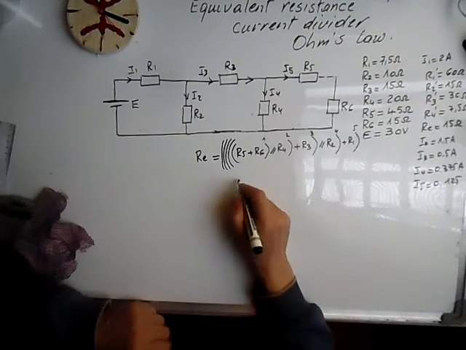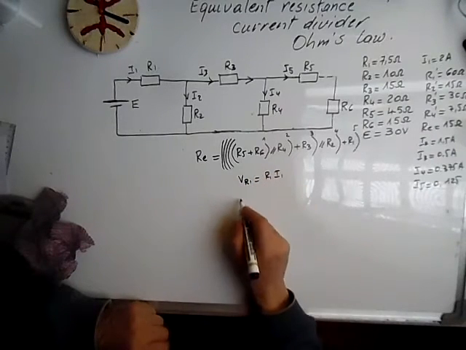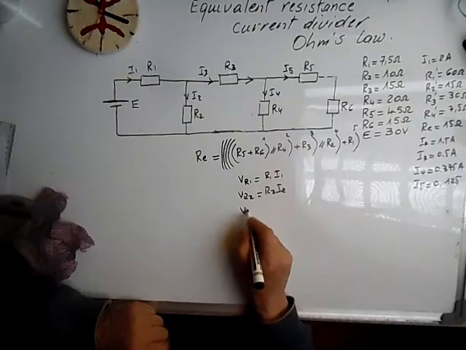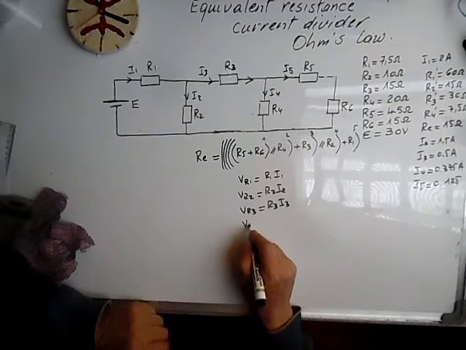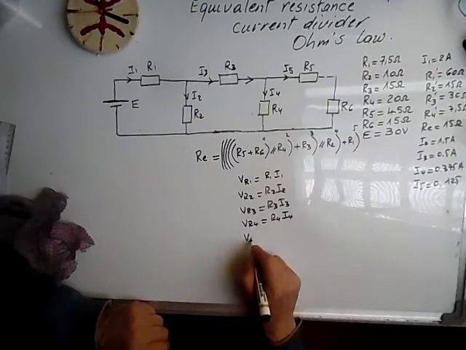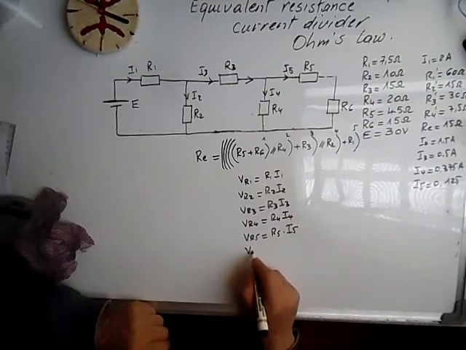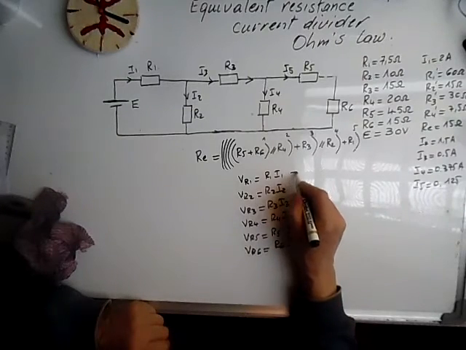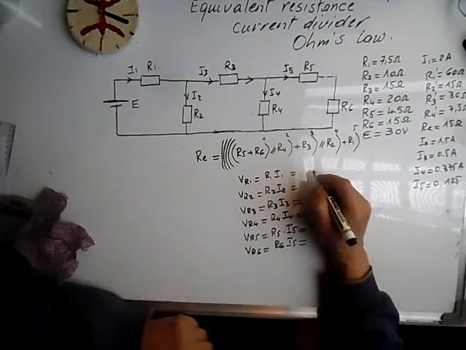VR1 is equal to R1 times I1, VR2 is equal to R2 times I2, VR3 is equal to R3 times I3, VR4 is equal to R4 times I4, VR5 is equal to R5 times I5, and VR6 is equal to R6 times I5, because I5 is equal to I6. Let's calculate all of these voltage drops.